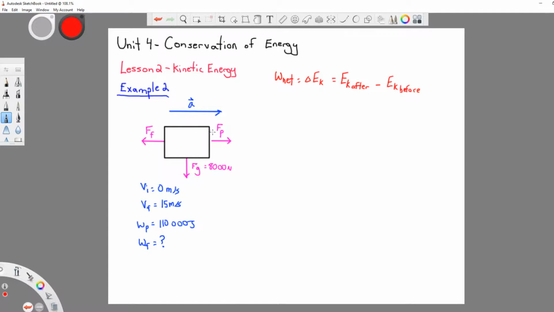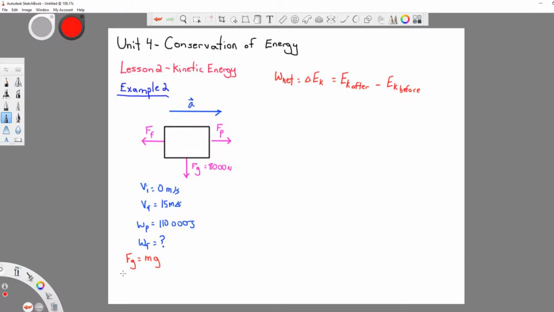Before we can do anything with this problem, we need to solve this object's mass. The question was kind of clever and gave us the weight of the object, but we can't do anything unless we have the mass in kilograms. So let's just solve for that first down here. Force of gravity is equal to mass times little g, and that's really what this is giving us.